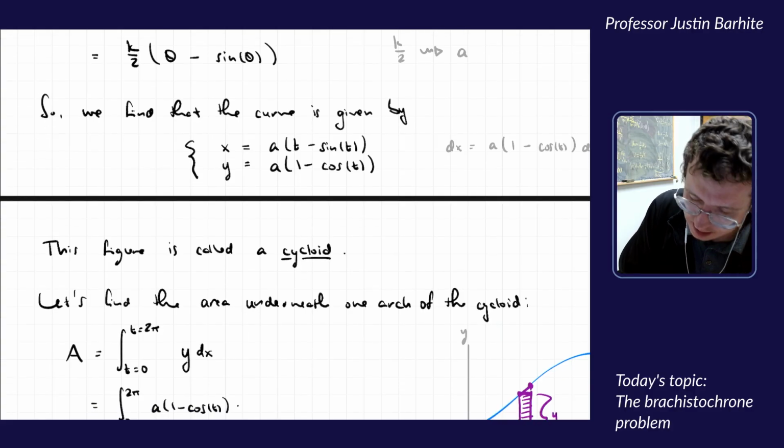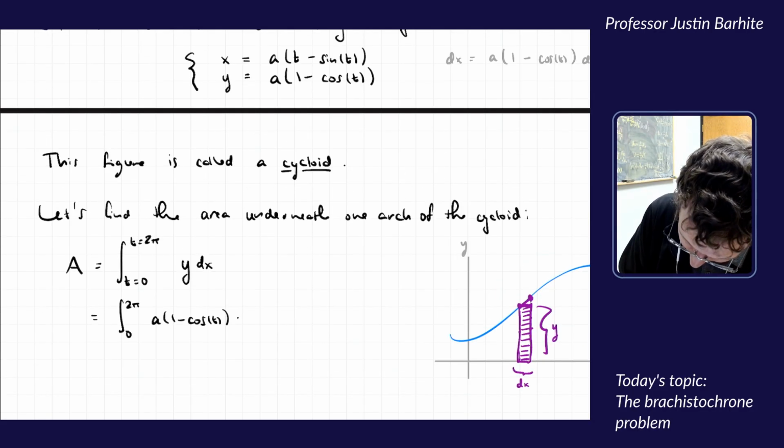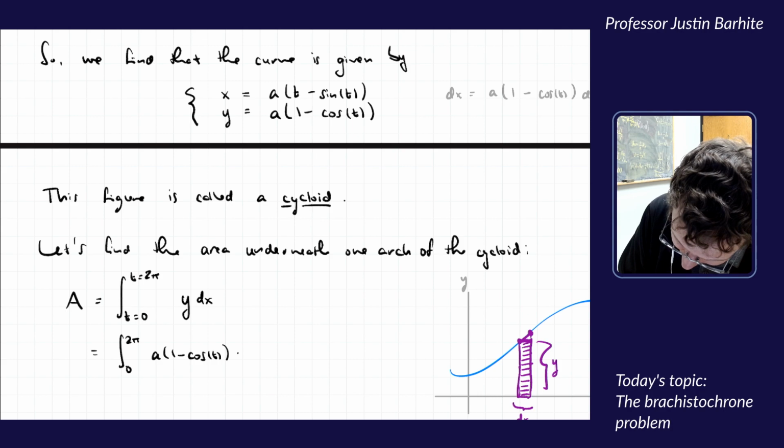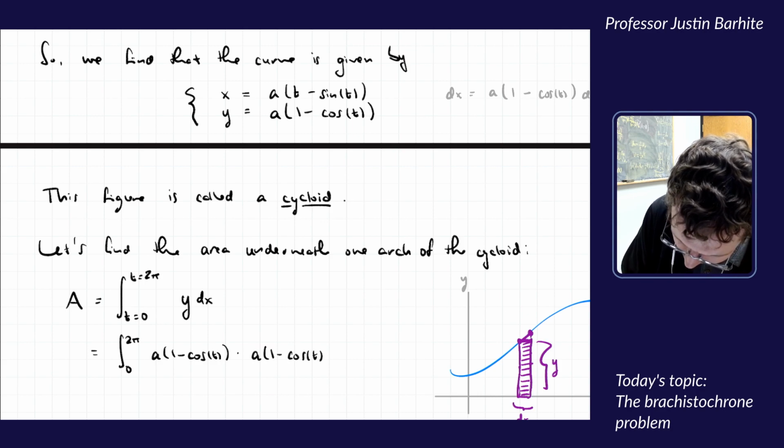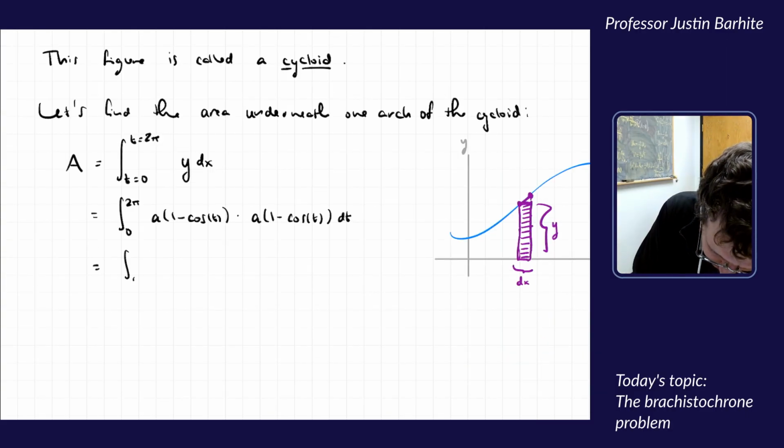Important not to forget that dt. So if I copy down the dx, that's a times 1 minus cosine of t dt. This is going to work out beautifully.